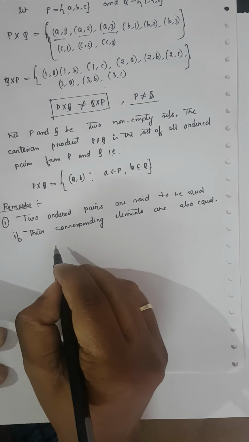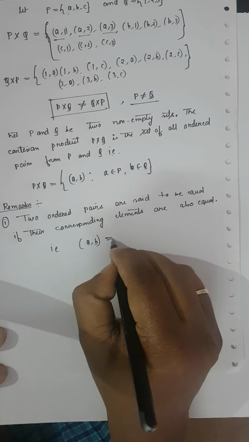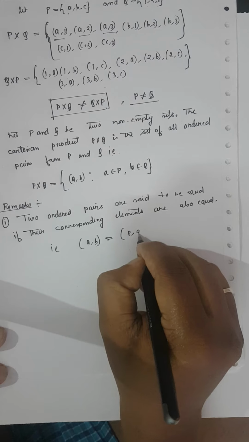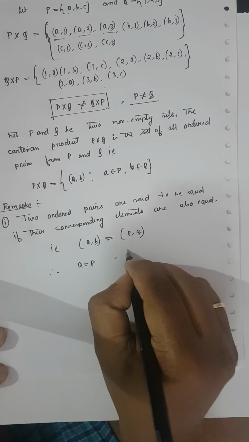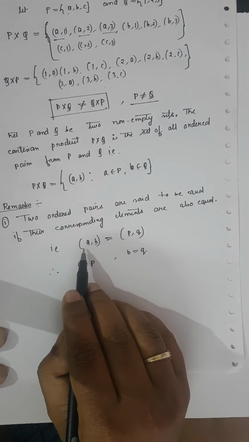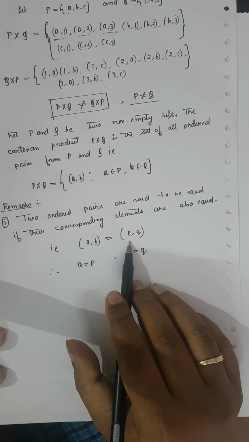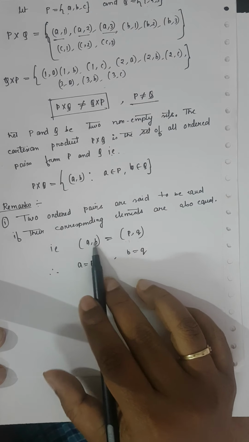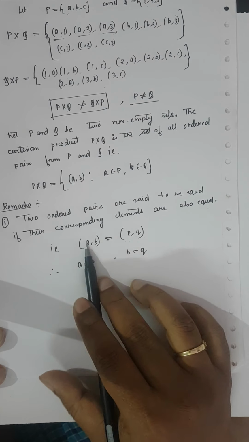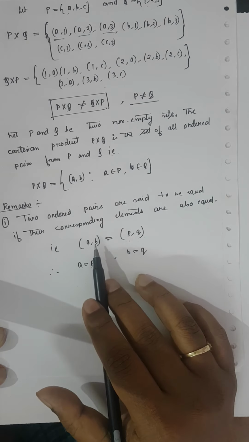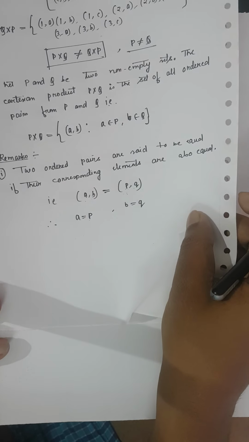For example, if (a, b) is an ordered pair equal to (p, q), then we have to write that a is equal to p and b is equal to q. See, a is the first component of the ordered pair (a, b) and p is the first component of the ordered pair (p, q). If they are equal, then a will be equal to p and b will be equal to q. That is, the first component is equal to first component and second component is equal to second component. This is your first remark.